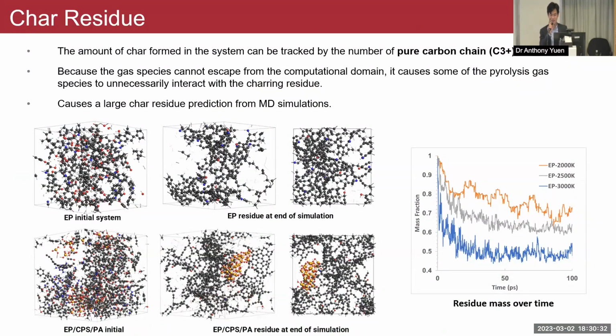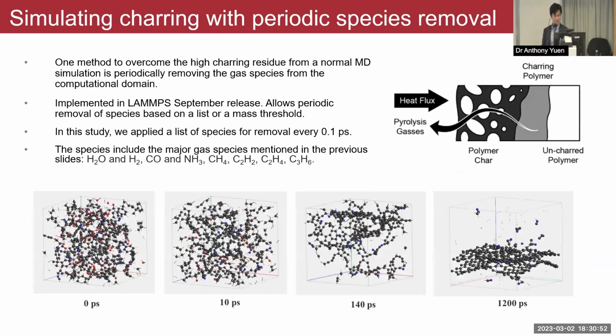Through this study, we trace the carbon chain C3 plus material, because the gas species sometimes cannot escape from the computational domain, and it will cause a large char residue prediction from the MD simulation. But here we propose a technique to overcome this limitation. If we want to trace just the char layer itself, and we are only interested in the carbonaceous particles and the chain, we can do a sort of removal technique periodically.